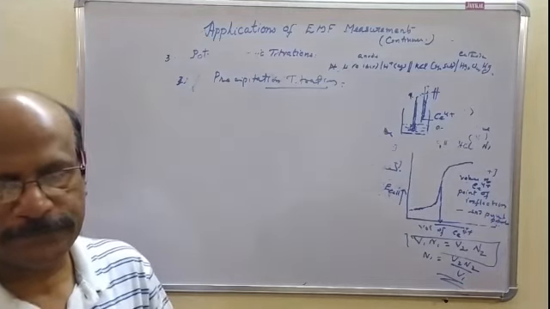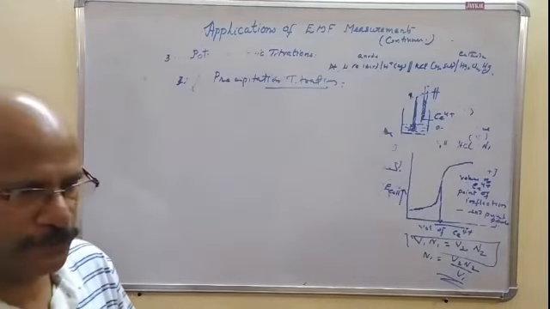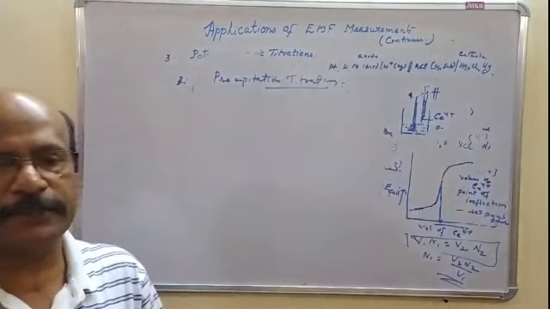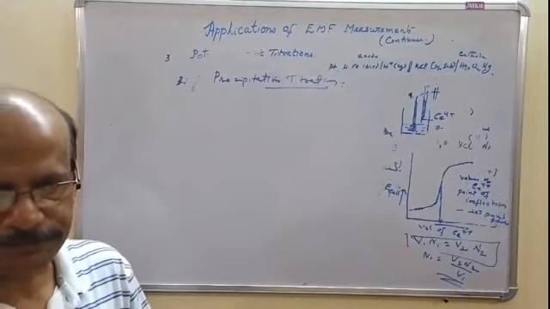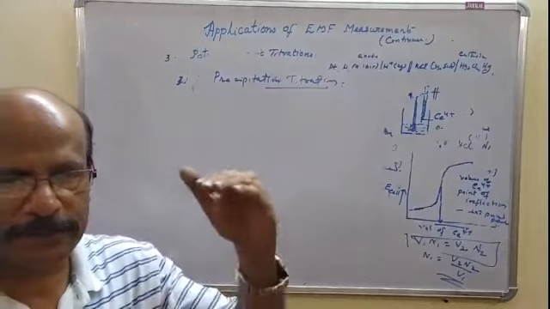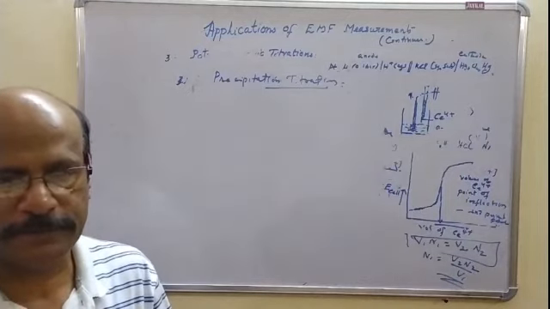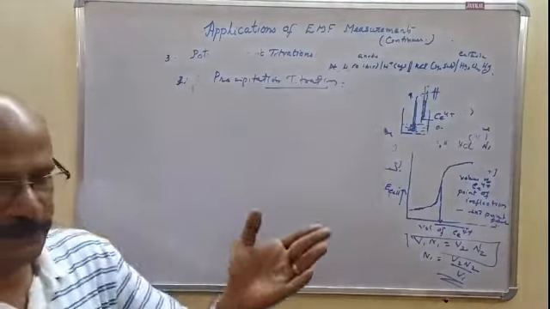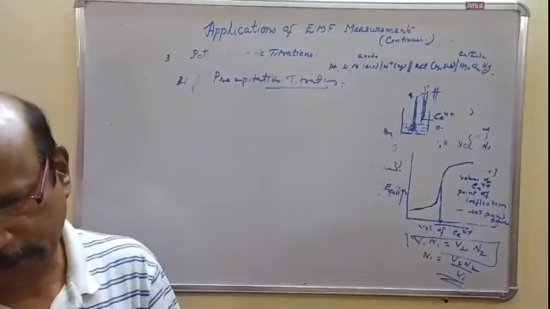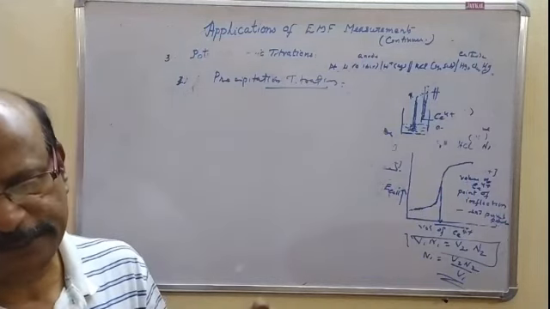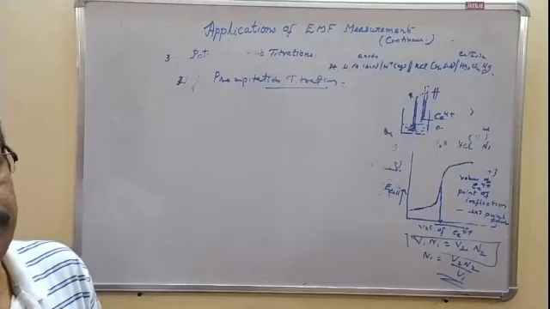The EMF or potential around the indicator electrode gradually diminishes with the addition of the titrant. So by monitoring the decrease in the potential as the precipitation is going on, we can find out the endpoint of the titration.